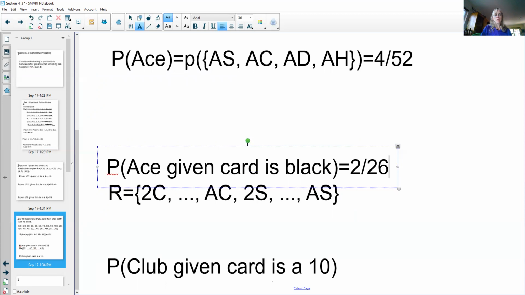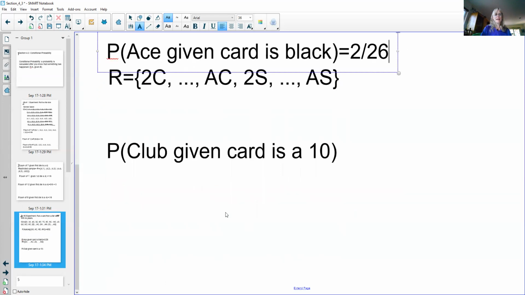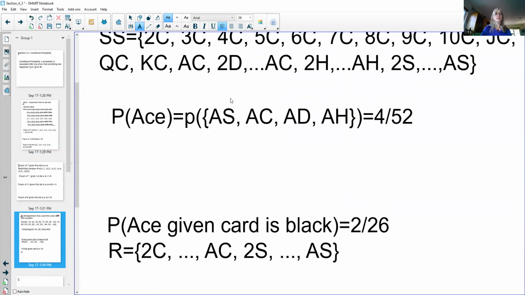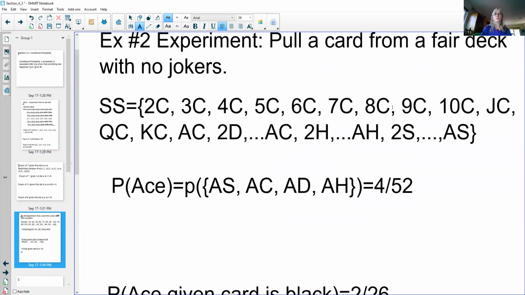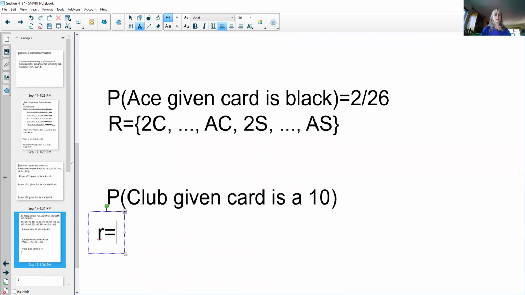Let's say I want to do a club given the card is a 10. So again, that given information is my restricted sample space. So I don't need all of the other cards. I don't need these 2s through 9s or the jack, queen, king, or ace. I just need those 10s.